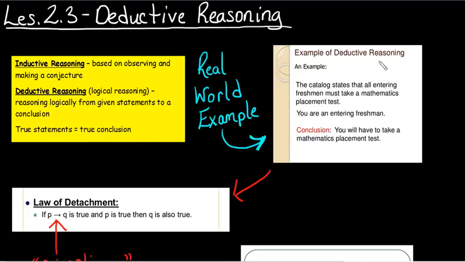So here's an example right here of deductive reasoning. The catalog states that all entering freshmen must take a mathematics placement test. You are an entering freshman. Well, the conclusion I'm going to make from that is that you will have to take a mathematics placement test. And what this is called in geometry is called the law of detachment.